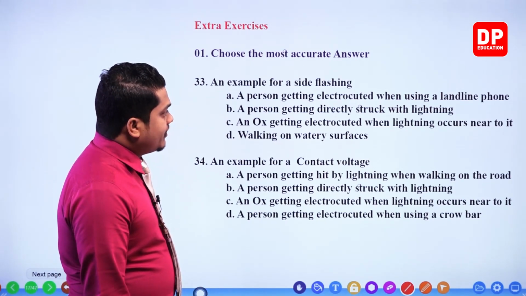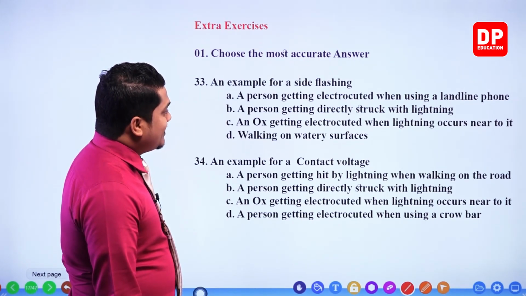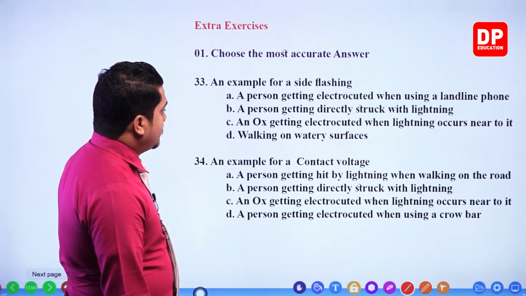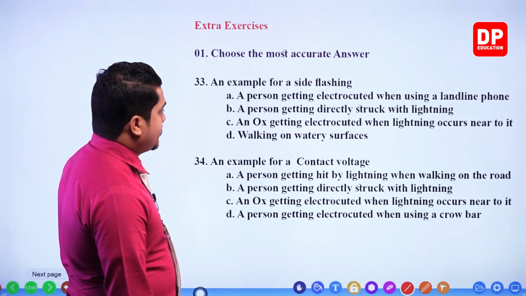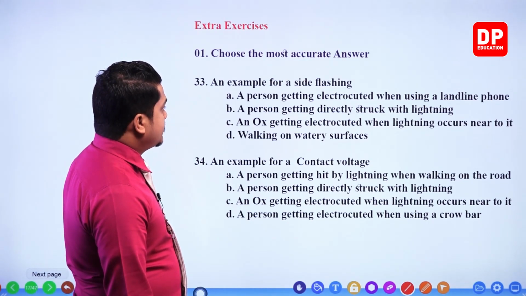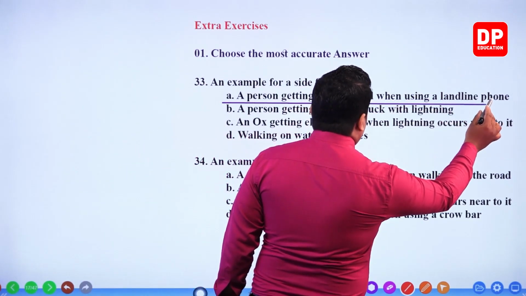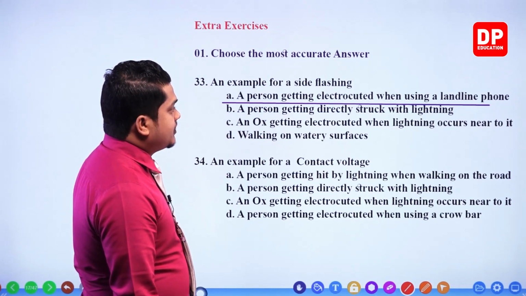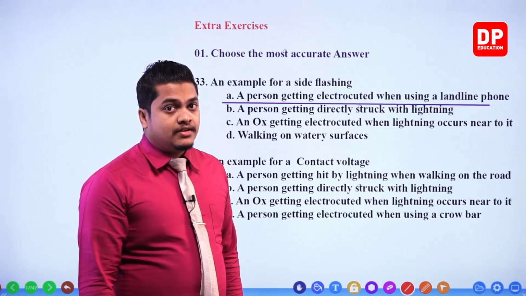Person getting electrocuted when using a landline phone. Person getting directly struck with lightning. Ox getting electrocuted when lightning occurs near to it. Walking on watery surfaces. For side flashing, the correct answer would be a person getting electrocuted when using a landline phone or when a person is near a building.